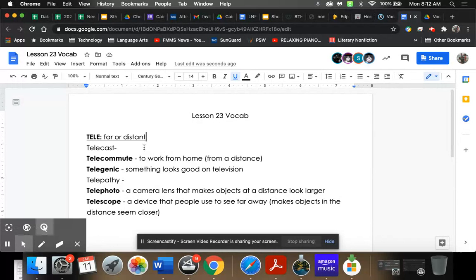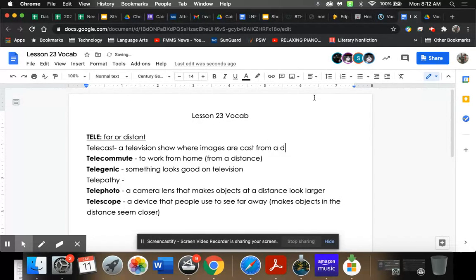All right, the next word is telecast. It said in the sentence, we watched a telecast, a television show. A telecast is a television show where images are cast from a distance. Telecast and television kind of are hand in hand. And the last word is telepathy.